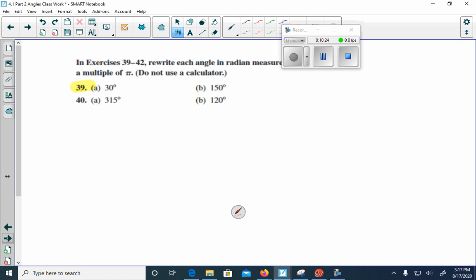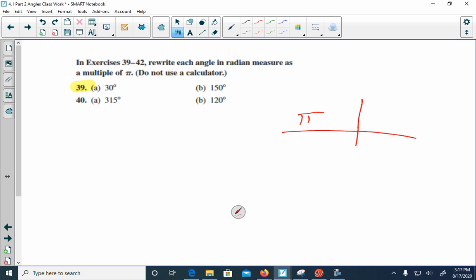Okay, rewrite each angle in radian measure as a multiple of pi. So remember, we're using that conversion of pi when I draw my unit circle and 180 degrees. Since this is 30 degrees, the degree symbol's on top. So I'm going to put the 180 there, so that the degree symbol will simplify and the pi will be left in the numerator.